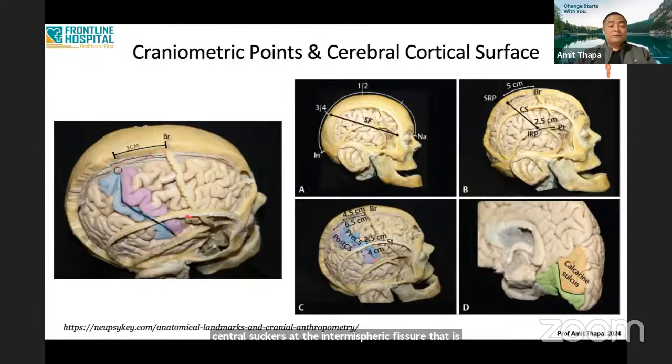But at the level of the superior temporal line, it is almost 2.5 centimeters behind. So this lets us know that the central sulcus is moving backward, and that's why it is much more posterior to the bregma when compared to the lateral aspect. And similarly, the relationship of the Taylor-Haughton line can also be associated with this particular model.